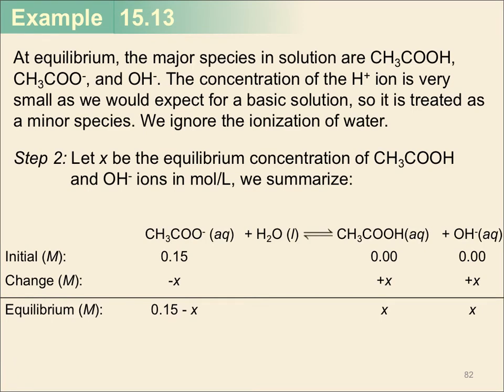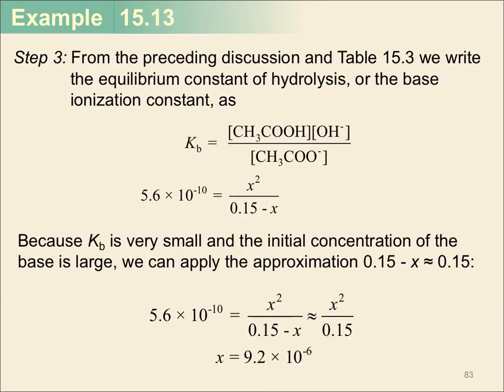So now we take 0.15 molar, 0, 0, minus x, plus x, plus x, 0.15 minus x, x, and x. And now we need to know what is the Kb for acetate. We look that up in the table. We get 5.6 times 10 to the minus 10th equals x squared over 0.15 minus x.